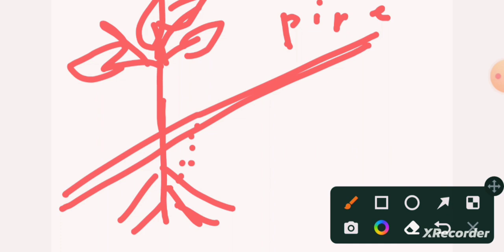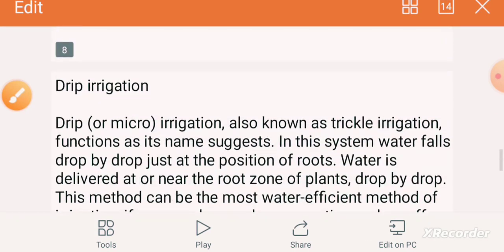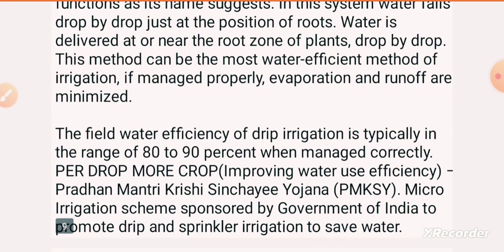That's why it is called drop irrigation or drip irrigation. This is the way it works. Now after drip irrigation, you can take a screenshot of it.